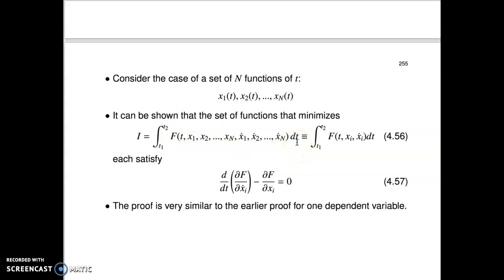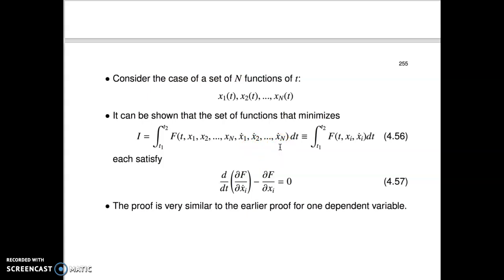That's what we're integrating with respect to. But now it depends on function x1, function x2, all the way up to function xn. And it also depends, most generally, on the derivatives with respect to t of x1, so that's x1 dot, likewise x2 dot, all the way up to xn dot.